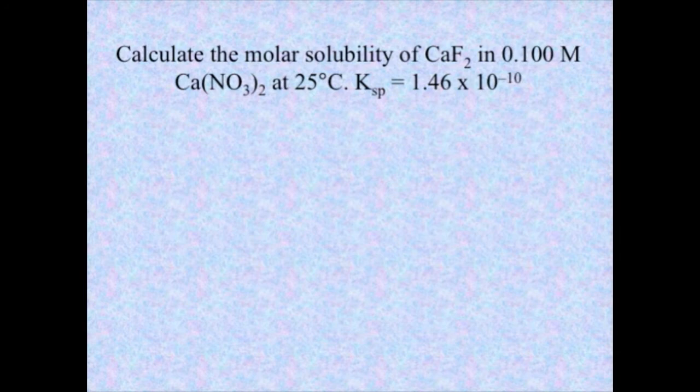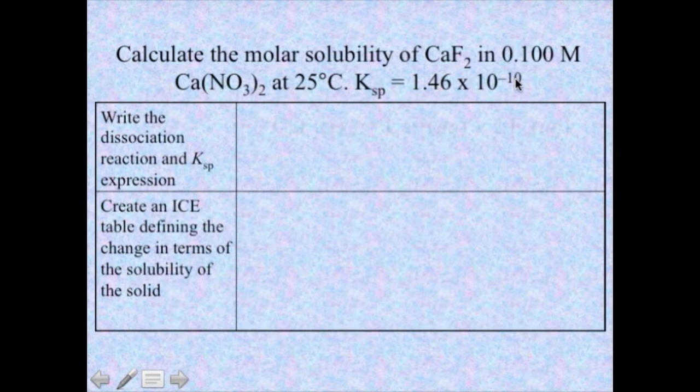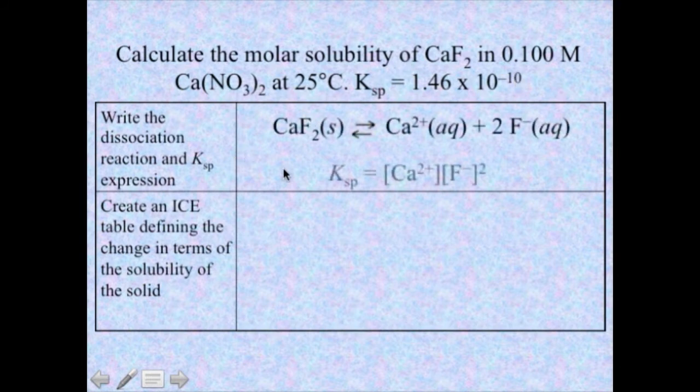Now let's calculate the molar solubility of calcium fluoride in 0.1 molar calcium nitrate at 25 degrees C. The solubility product for calcium fluoride is 1.46 times 10 to the minus 10. So first, we write the dissociation reaction and the Ksp expression for calcium fluoride dissociating into calcium ion and fluoride ion.